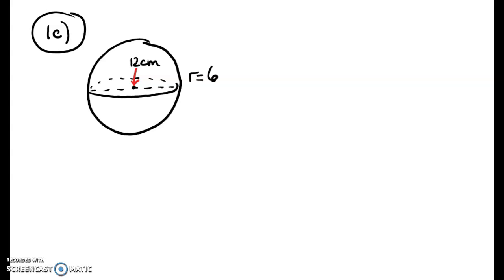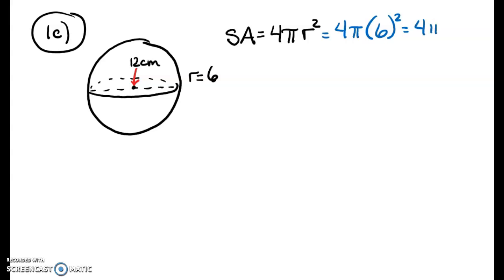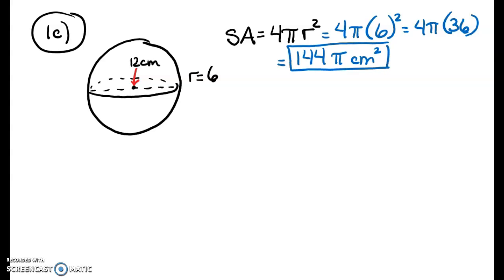So when I do the surface area, my surface area equals 4 pi r squared. So I get 4 pi 6 squared, which is 4 pi times 36. And I know that 4 times 36 is 144 pi. My dimensions are in centimeters, and surface area is always squared.